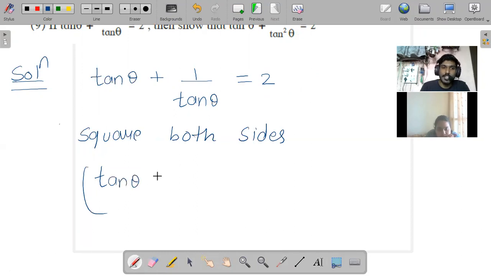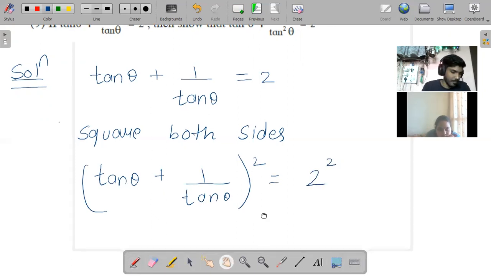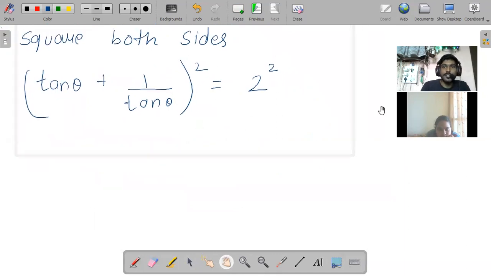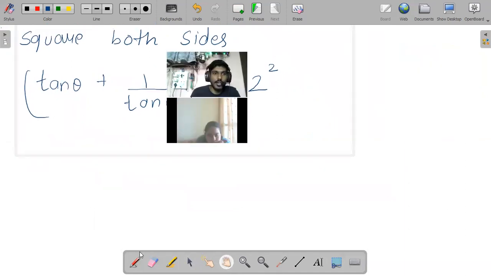So let's see, tan theta plus 1 upon tan theta whole square is equal to 2 square. So both the sides we have done the square. Now, here we will have to use the formula.